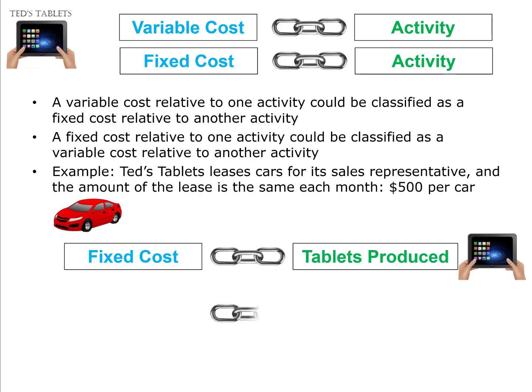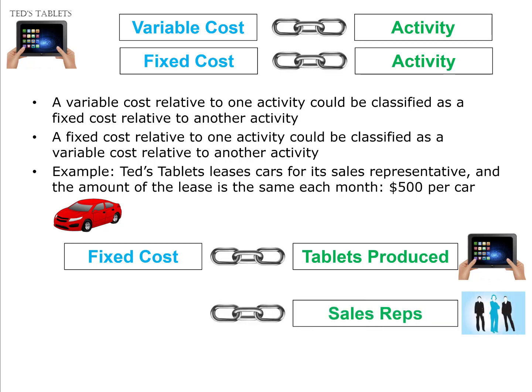But relative to the number of sales representatives, is the cost of the lease a variable or fixed cost? Well, if Ted has one sales representative, they have one leased car at $500 a month. But if they have three sales representatives, now this cost is increased to $1,500 per month.